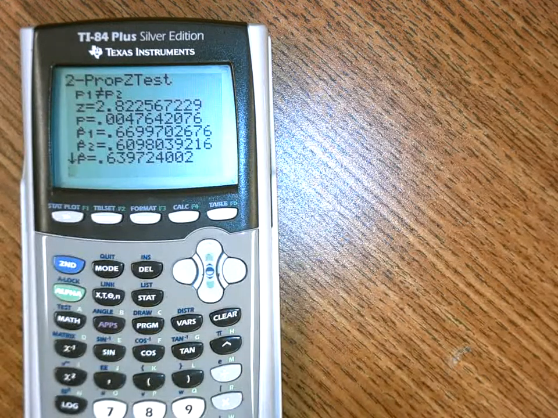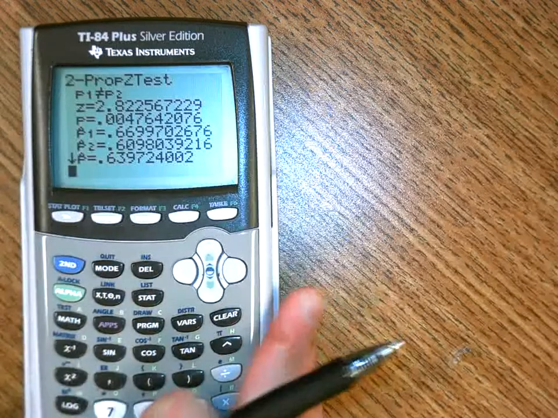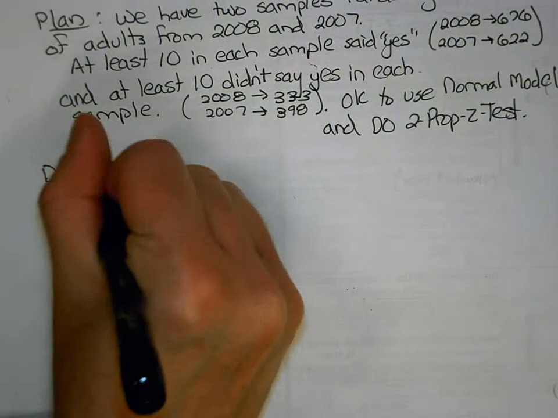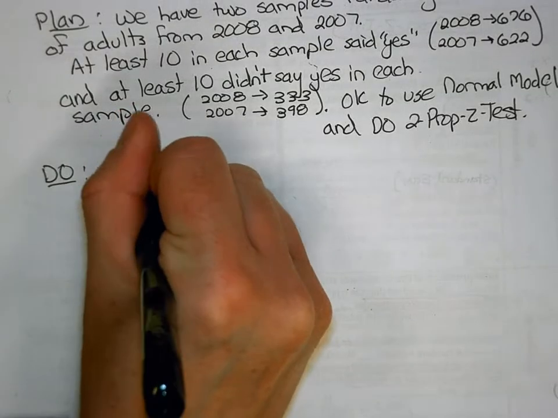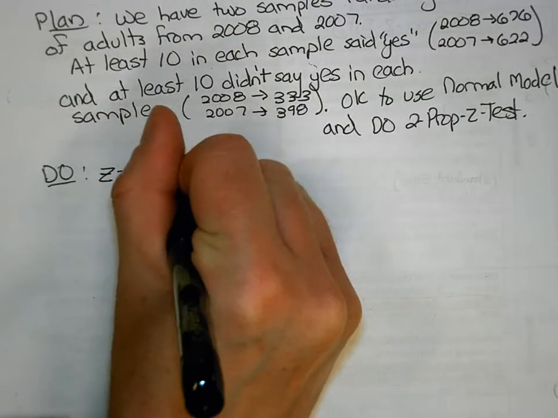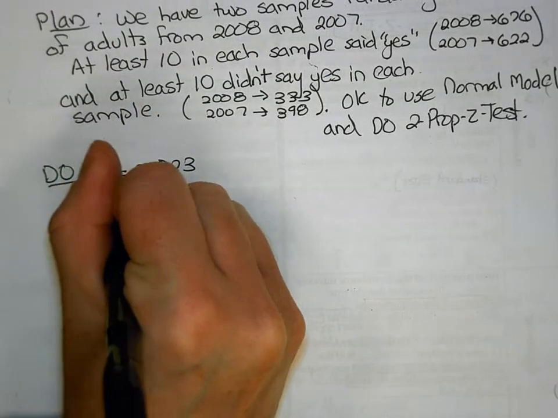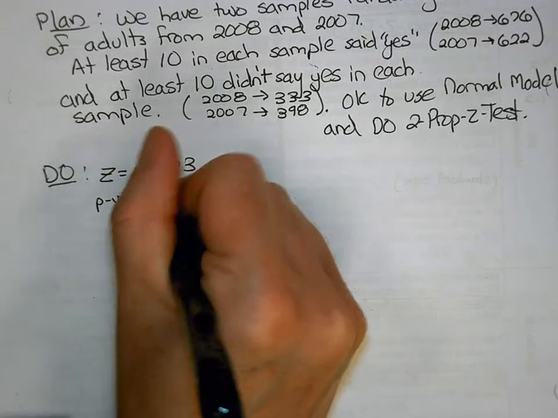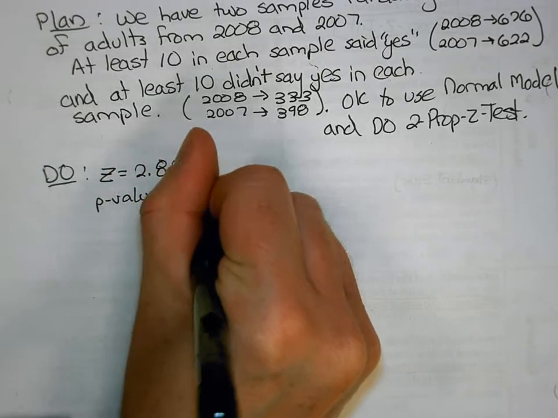Calculate. Here's my values. I'm going to record them all. Look at that p-value, really low. So I've got z equals 2.823, p-value equals 0.005.